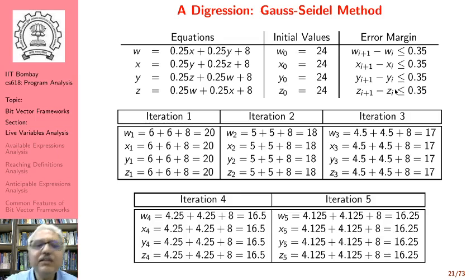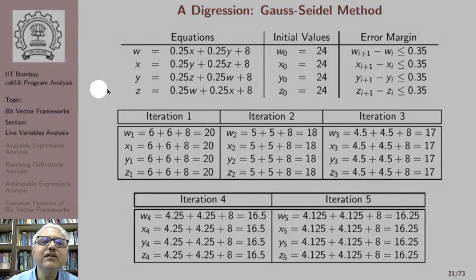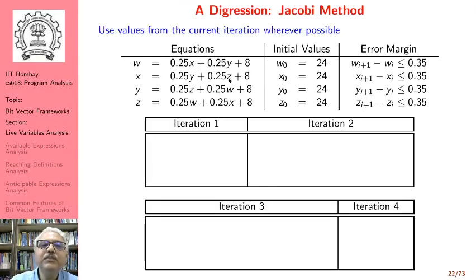The reason is, observe that the value of y depends on the value of w, and we would have computed a new value of w in iteration I. So instead of computing the value of yi from w I minus 1, it is also possible to reuse the value of w in the same iteration. That brings us to Jacobi's method.